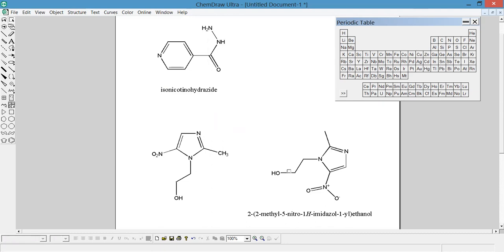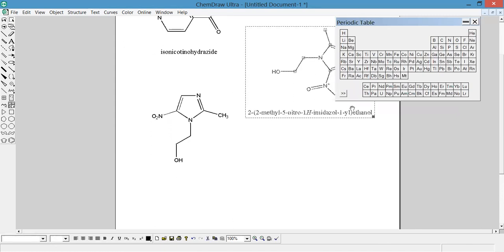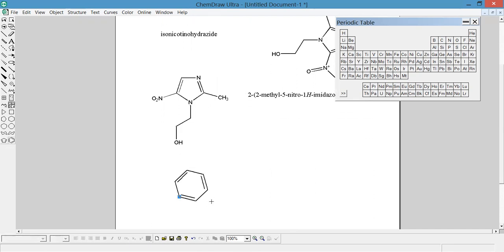Now we will also see the example of dapsone. First take a benzene ring, and draw the necessary bonds around the benzene ring.